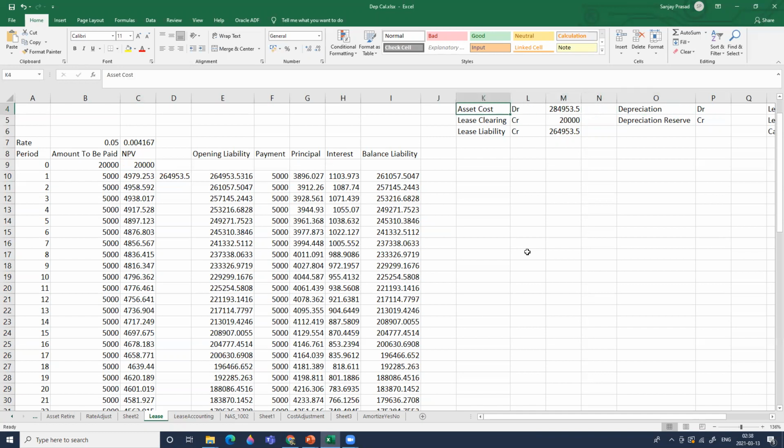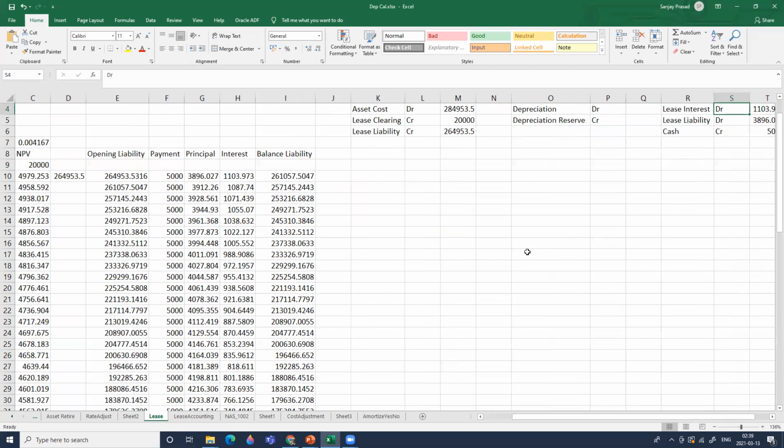So this cost we are going to spread over the life of the asset that we have decided, and that will be accounted systematically in depreciation and depreciation reserve. No difference as far as these are concerned, in comparison with any other asset.